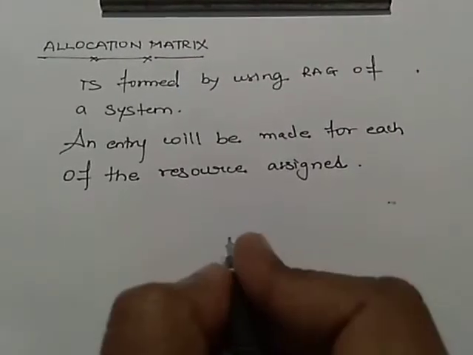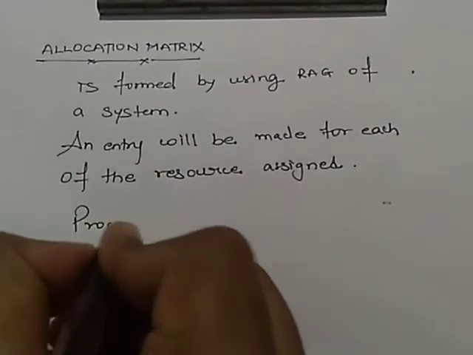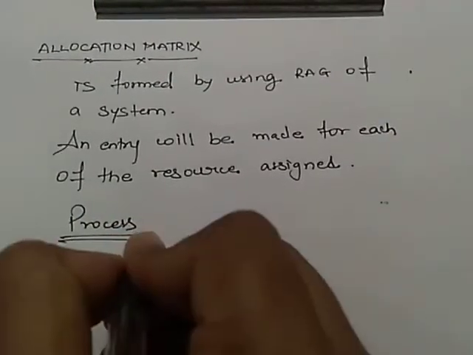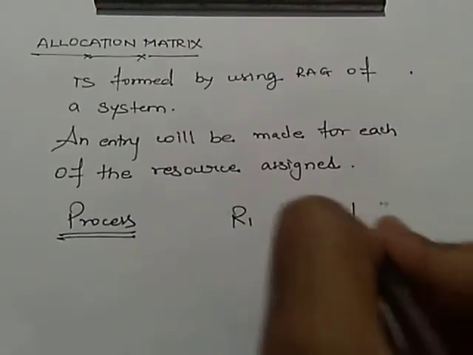Now for example, we have processes P1, P2, P3 and resources R1, R2 and R3.